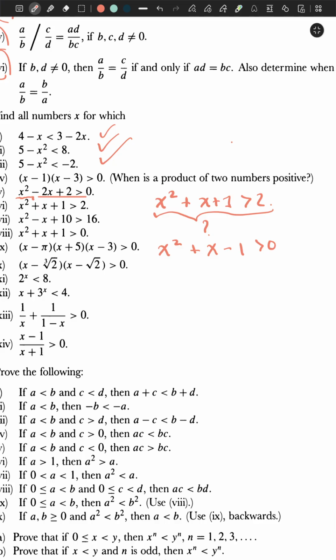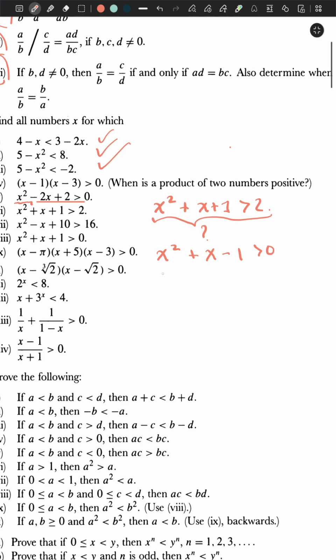But we don't really know when this is greater than 0. For example, if x is equal to 2, x squared is 4, x is 2, minus 1, 5, greater than 0. So it satisfies, but we don't know exactly the range of values of x that satisfy this. Okay, so let me get back to you real soon.